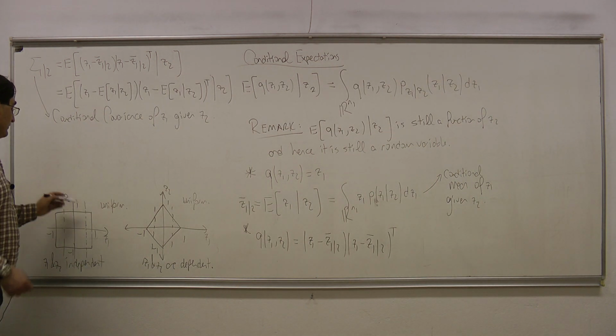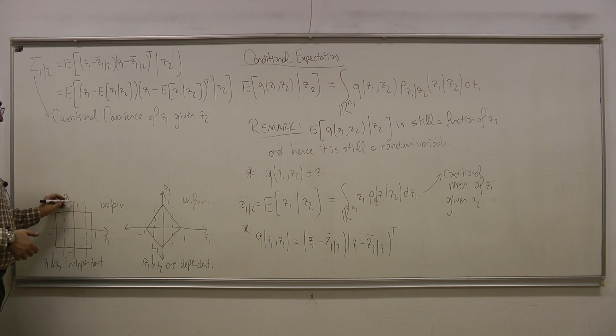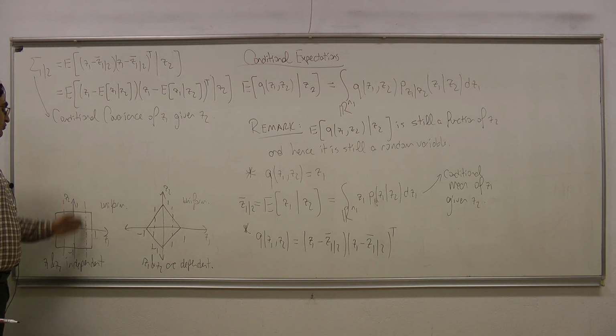In these examples, if you look at the conditional mean of z2 given z1, what can you say about it? The conditional distributions here would be uniform distributions, symmetric around 0.